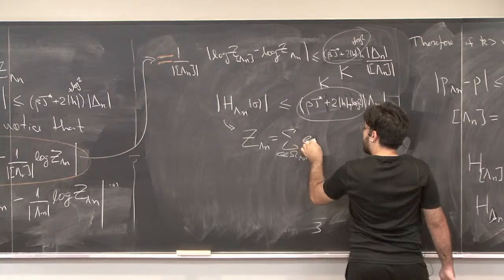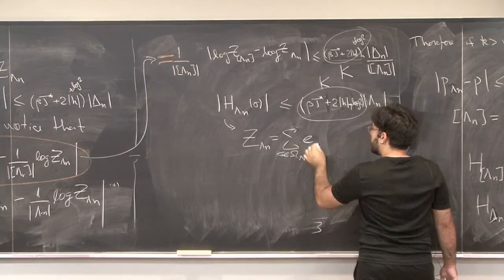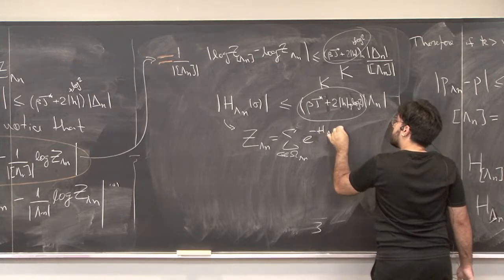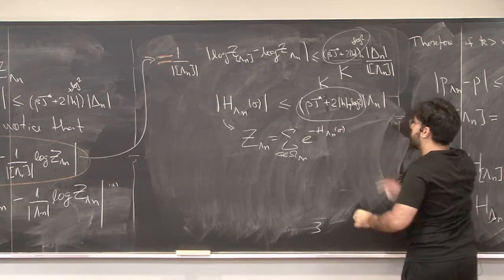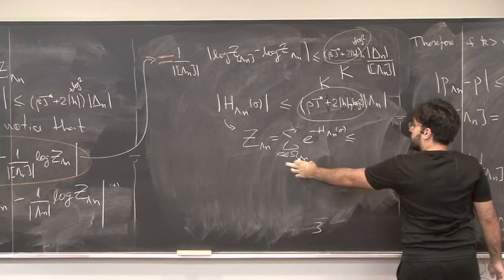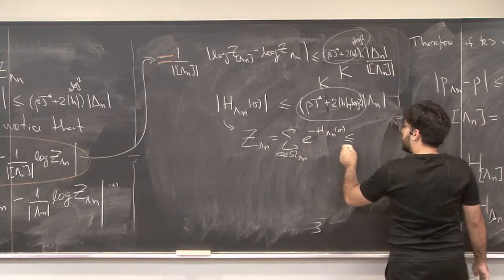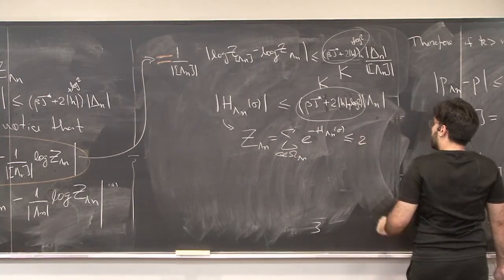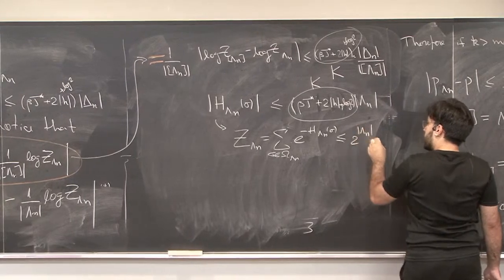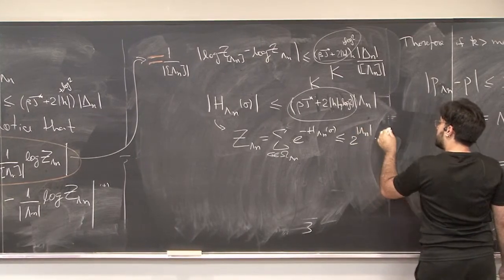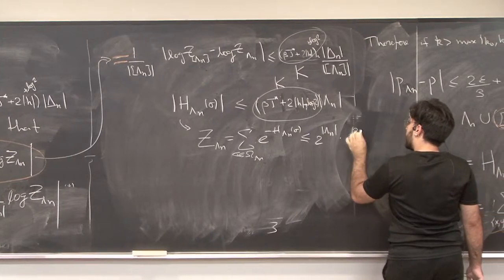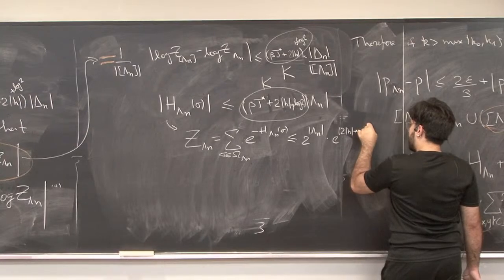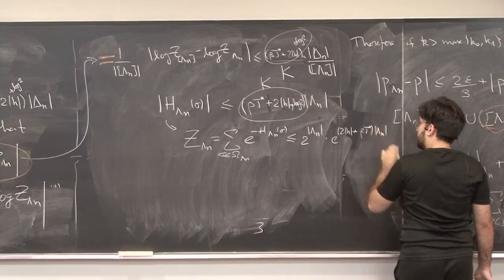So this will be the exponential of minus h lambda n sigma. So by using this inequality right here, this is less than the number of configurations inside lambda n. This is just 2 to the power of lambda n times the exponential of 2h plus beta j star times lambda n.